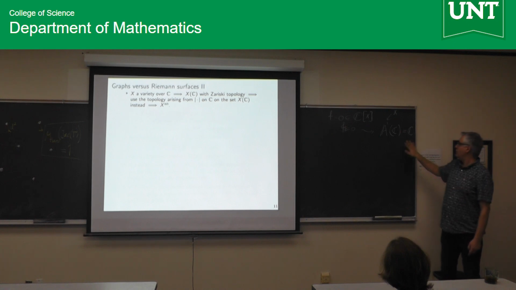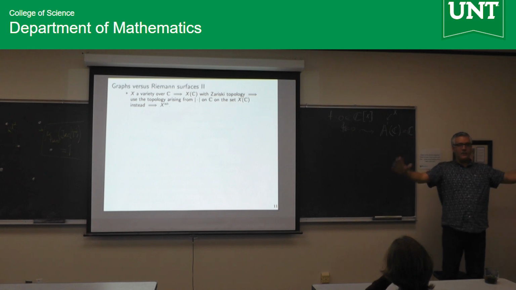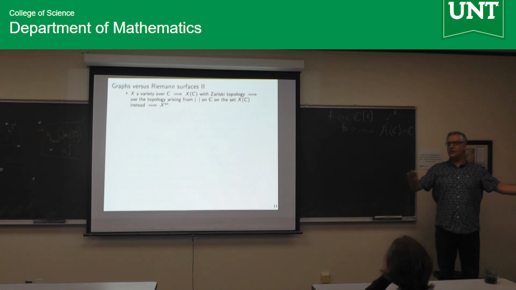So a set is closed if it's a finite set. In other words, opens are cofinite sets. So take your complex plane. An open set is going to be the complement of finitely many points. That's not the topology you want to work with if you're teaching a complex analysis class, right?